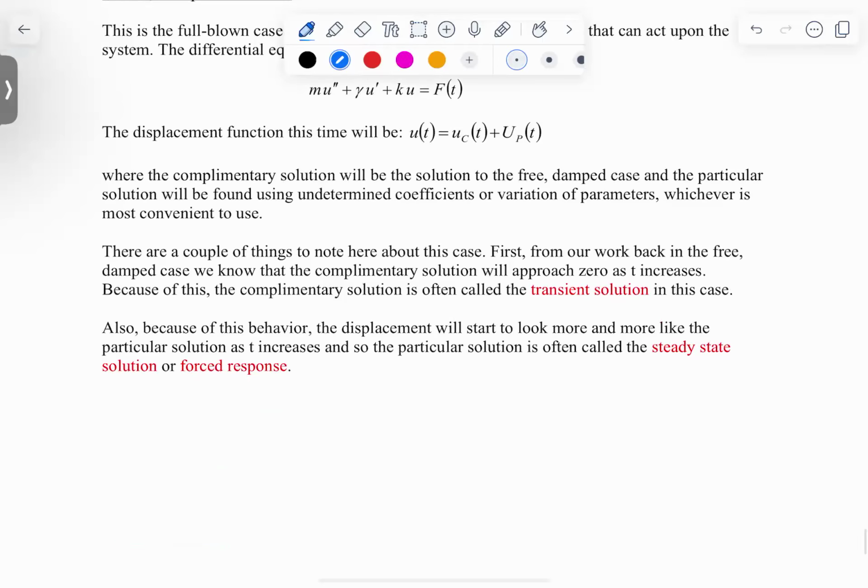Also, we cannot simplify it to this form like we did in the other case.